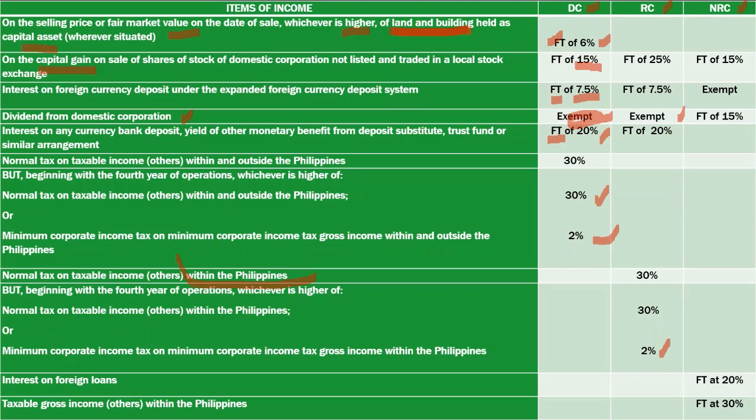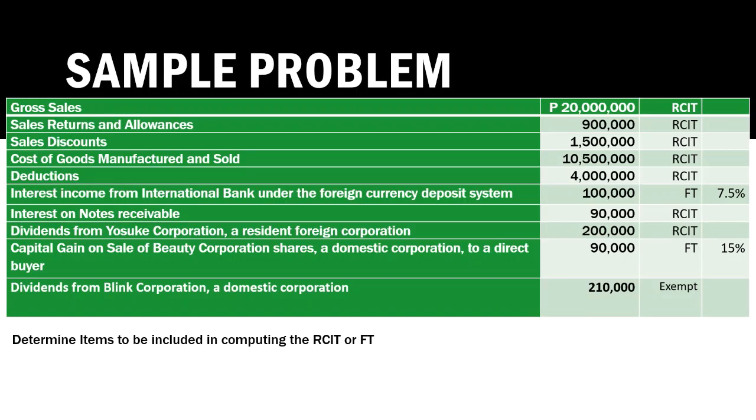In the case of the interest on foreign loans, ang non-resident corporation ay subject sa 20% final tax, and the taxable gross income within the Philippines is subject to final tax of 30%.